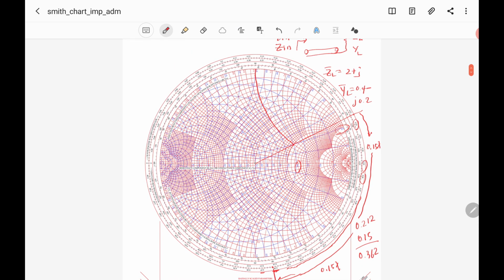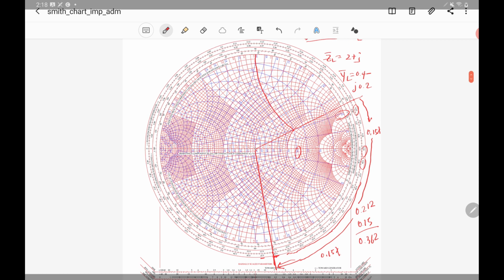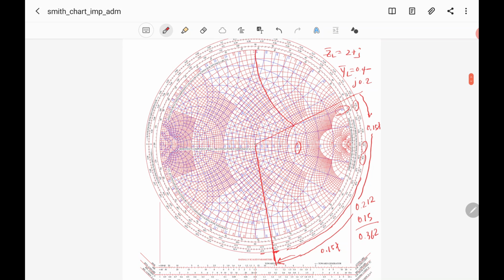So I can draw a line so that we can pick a point, right? If you see the point, it will cross 0.6, about this point. This magnitude should be the same, right?